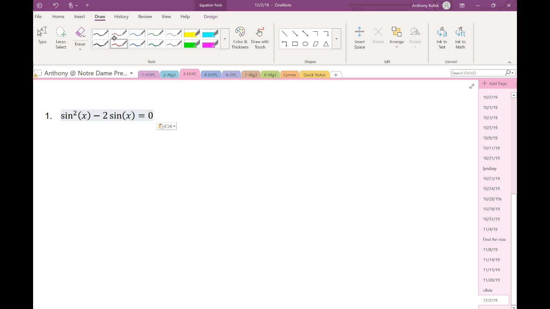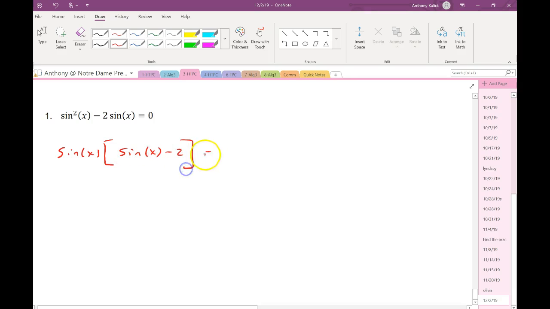All right. So, first thing I'm going to do is factor this. I notice there's a greatest common factor of sine x I can pull off. I can then apply the zero product property.